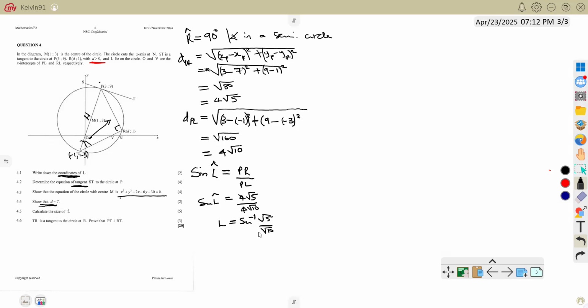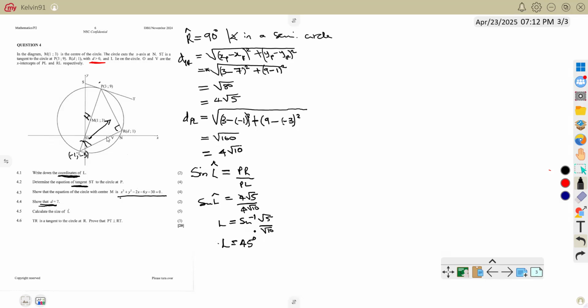So the final answer is 45 degrees. Therefore, L is equal to 45 degrees. That is one way you were going to be able to calculate it.